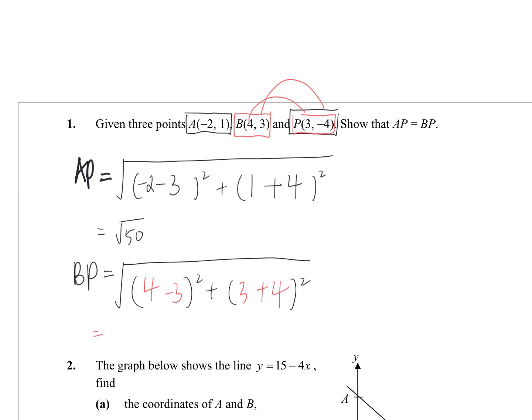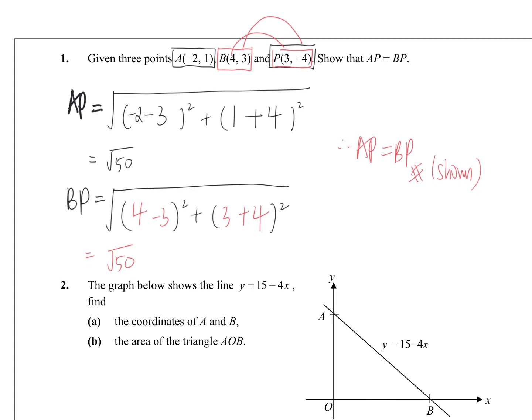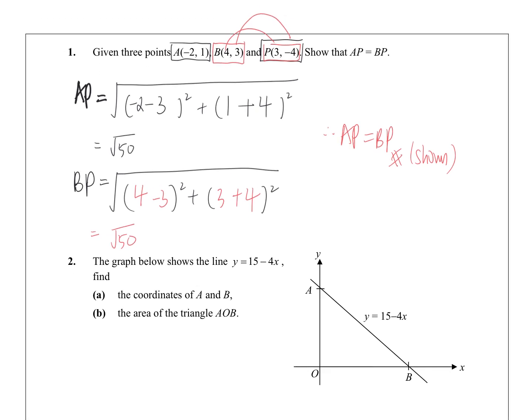So you get a 1 and a 49. Okay, so also this. Once you can show, therefore AP equals to BP, shown. So they are just asking you to use the length formula. Don't be scared when you look at a math question. Scare them back. You try that, see whether it works or not.